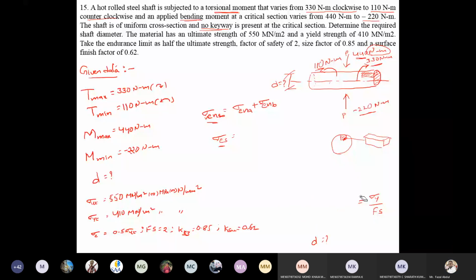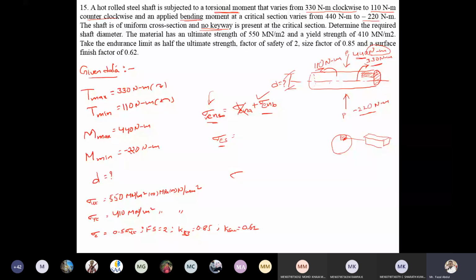I am calculating this because there is no axial load. Because there is no axial load here, only bending I am calculating. This is equal to the net effective normal stress.